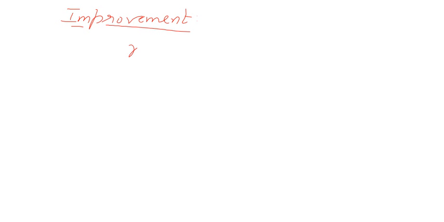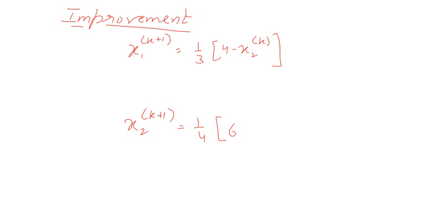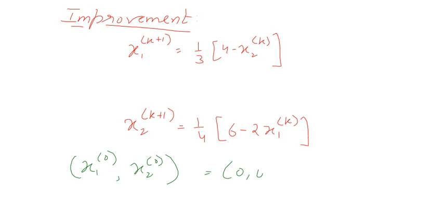For the example, x1 of k plus 1 equals 1 by 3 times (4 minus x2 of k), and x2 of k plus 1 equals 1 by 4 times (6 minus 2 times x1 of k).